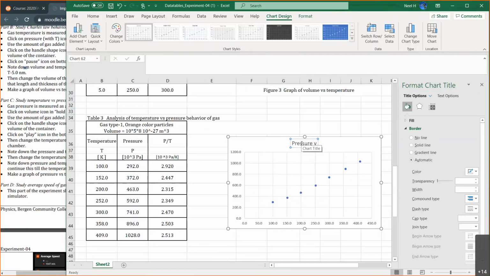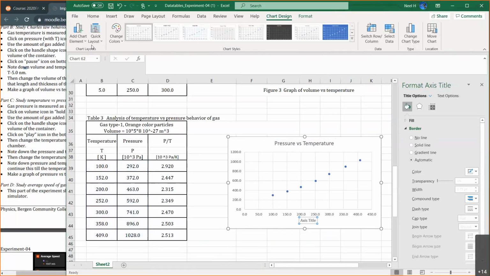Pressure versus temperature can be the topic. And I need axis titles. On the left-hand side at the very top, axis title, primary horizontal, primary vertical, same thing. Make sure you do all of those before you make the report. The horizontal axis is the temperature, unit Kelvin.